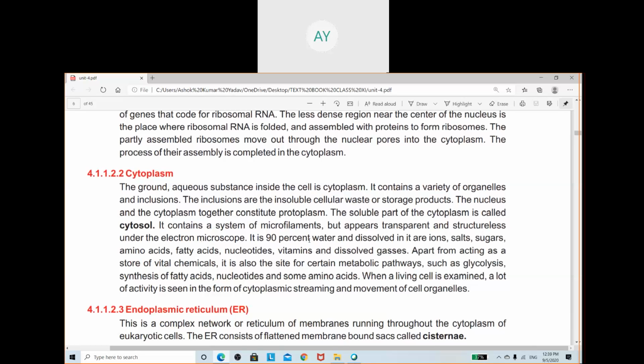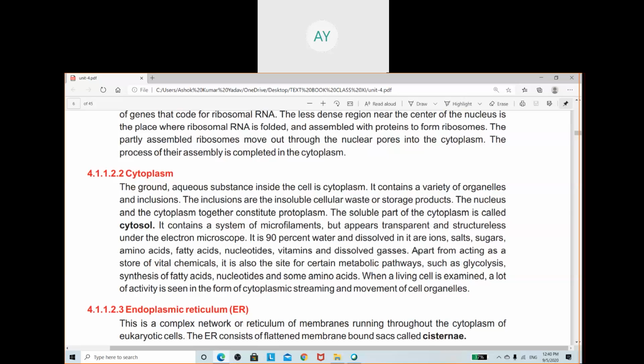And what other materials are present? Ions of different metals, salt, sugar, amino acid, fatty acid, nucleotide, vitamins, dissolved gases. So this is the place where all the nutrients are soluble and help the metabolic pathways.